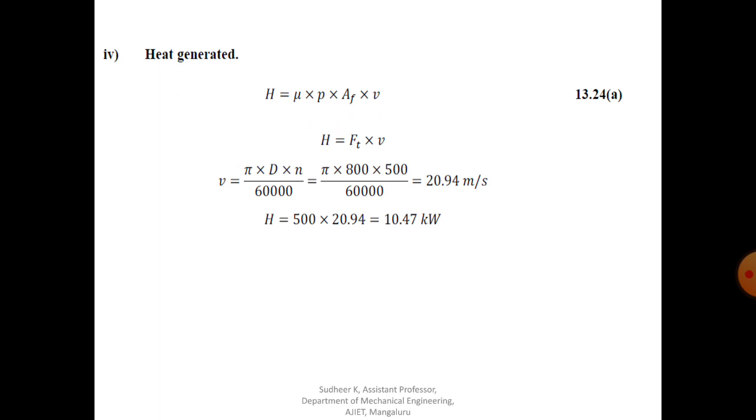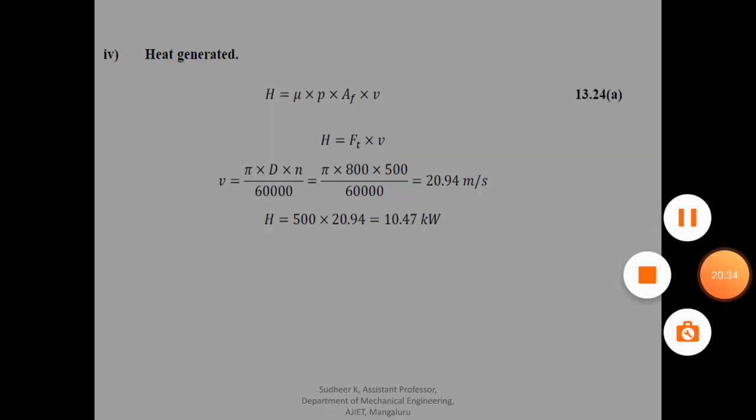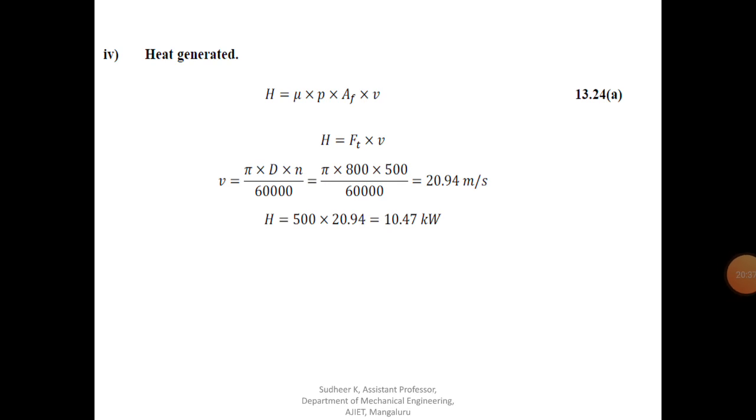This equation you will get from page number 275, expression number 13.24A. H, capital H, is the energy absorbed or heat to be radiated by a brake per second, equal to mu into P, where P is the specific pressure, into AF into V. That is the equation, and H equal to Ft into V.